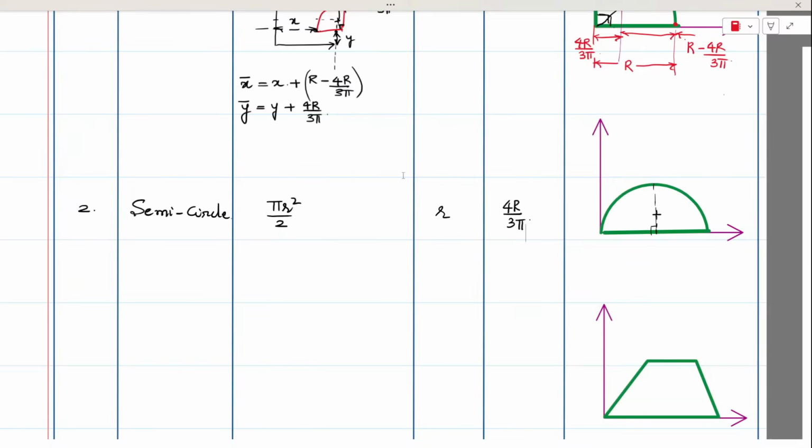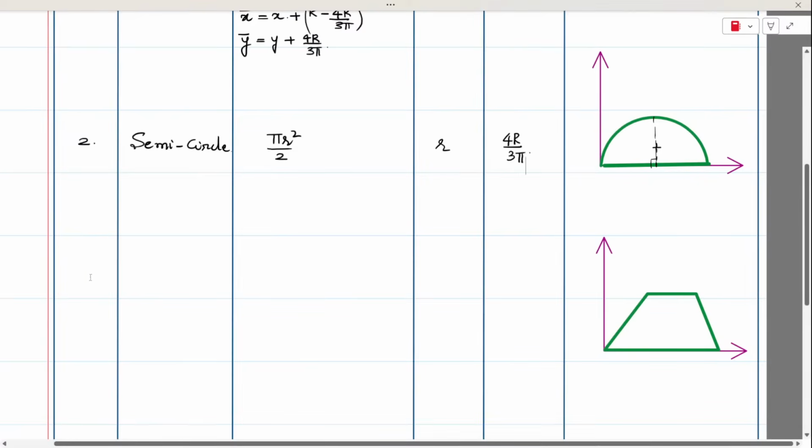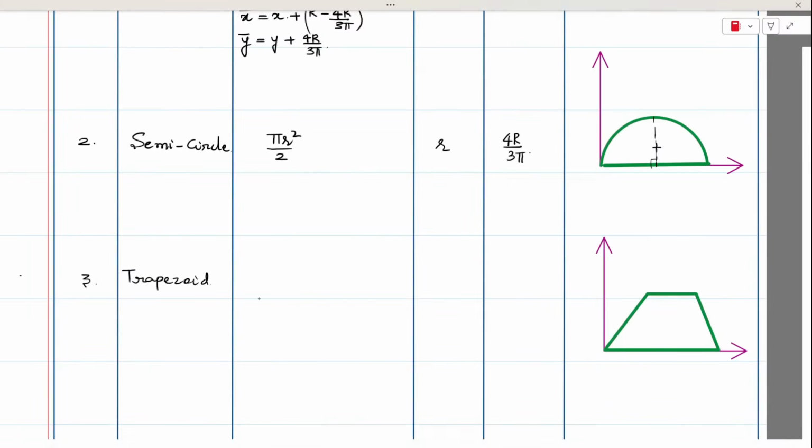Now, next we have the trapezoid. A trapezoid is a combination of two triangles or a single triangle and a square as well. If you try to split this into three elements, then the expression may become lengthier.